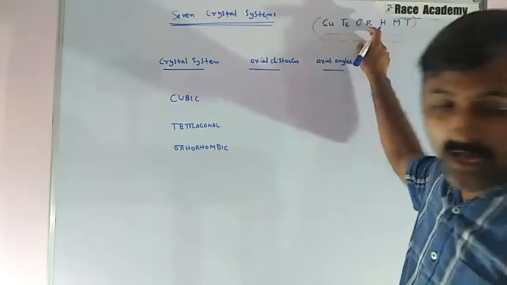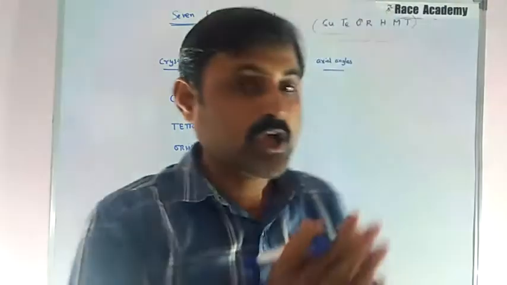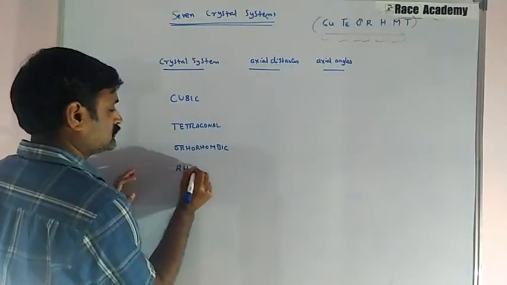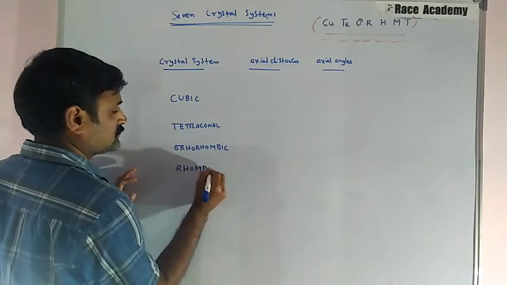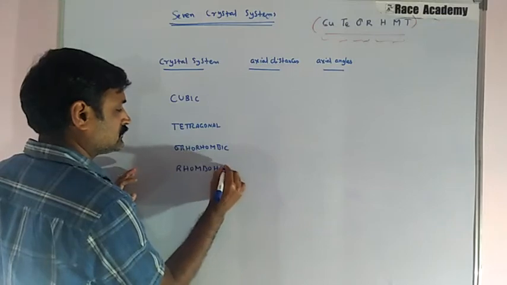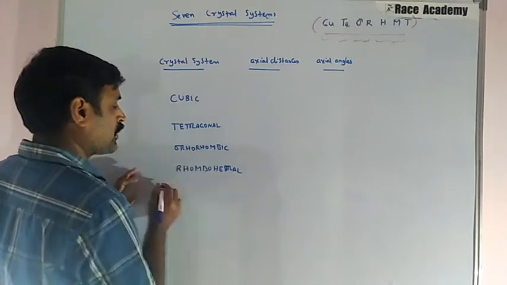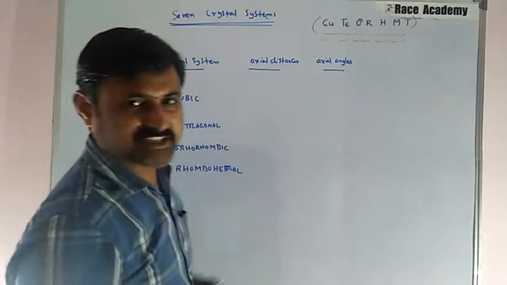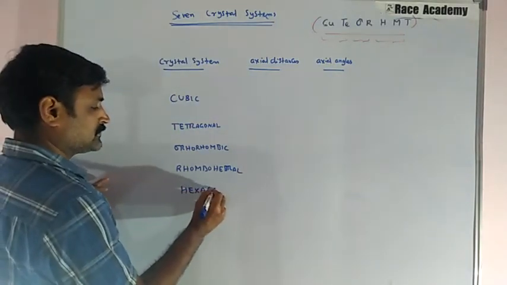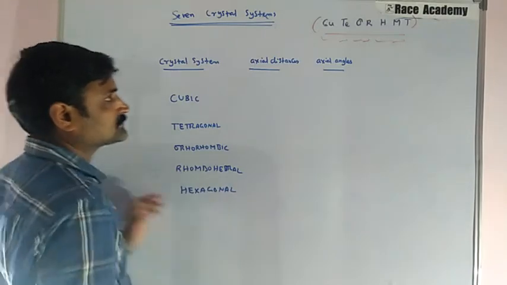What is R? R stands for rhombohedral. H stands for hexagonal.